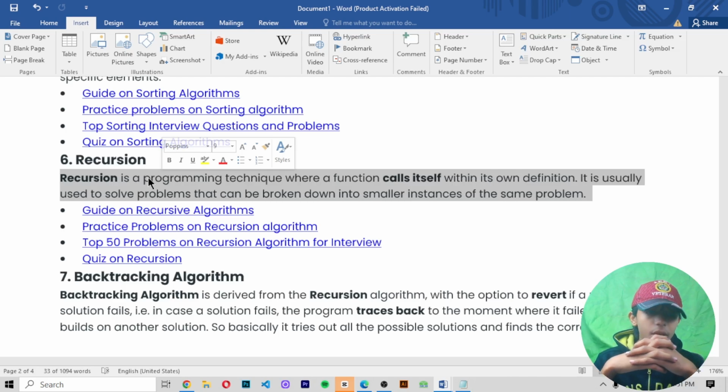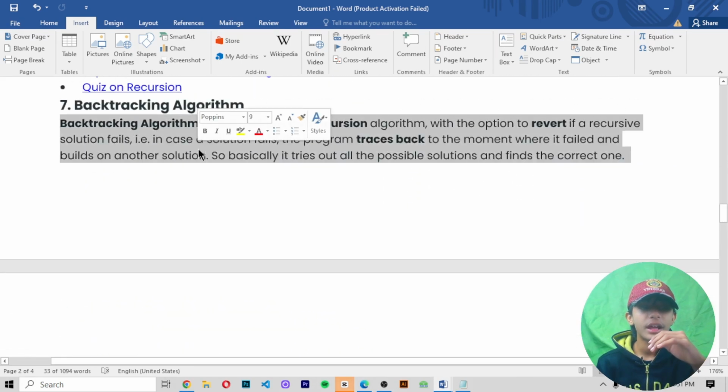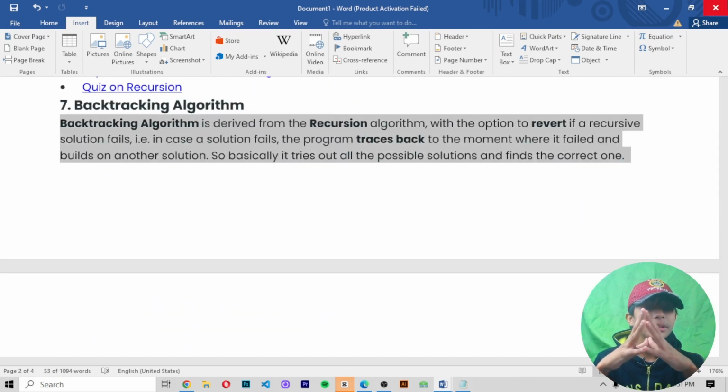Number 7, the backtracking algorithm. What is the backtracking algorithm? The backtracking algorithm is derived from recursion algorithms, with the option to revert if a required solution fails. For example, if a solution fails, the program traces back to the moment where it failed and builds on another solution.